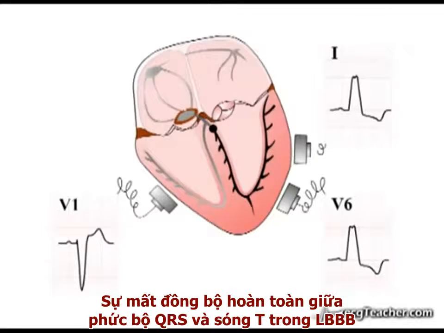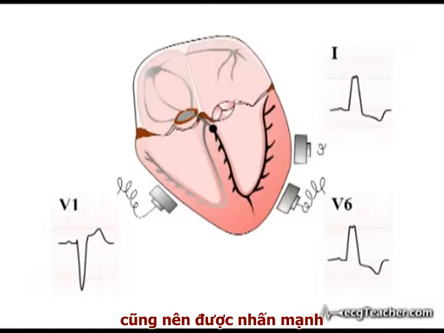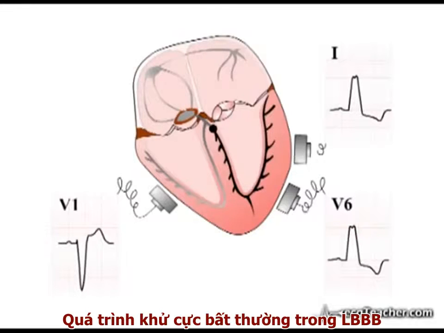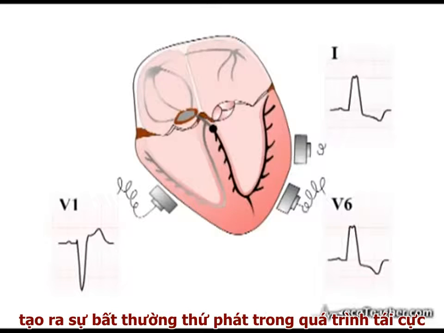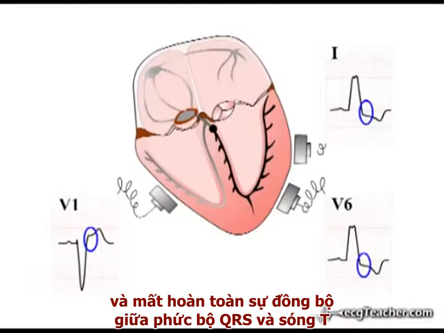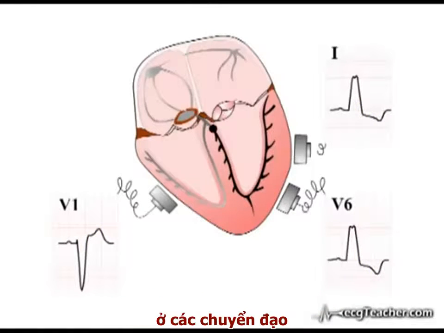The complete lack of concordance between QRS complexes and T waves in left bundle branch block should also be emphasized. In left bundle branch block, this is expected. The grossly abnormal pattern of depolarization produces secondary abnormalities of repolarization with ST elevation or depression in various leads and complete loss of concordance between QRS complexes and T waves across all leads.